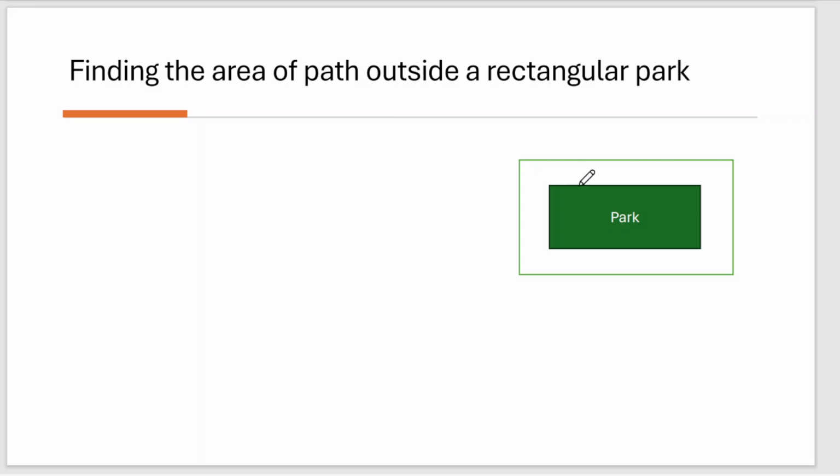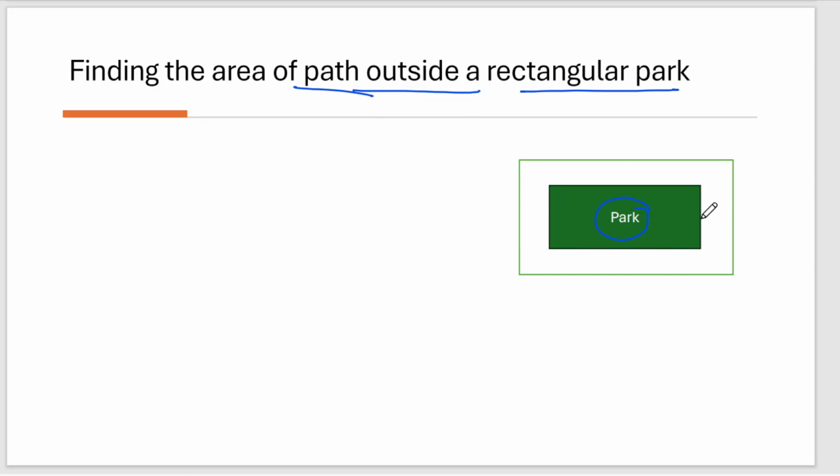See, we have a park, and we want to build a path outside this rectangular park. How can we do that? So we have built a path.